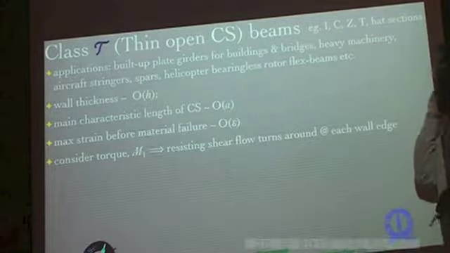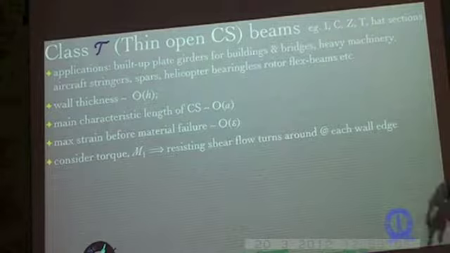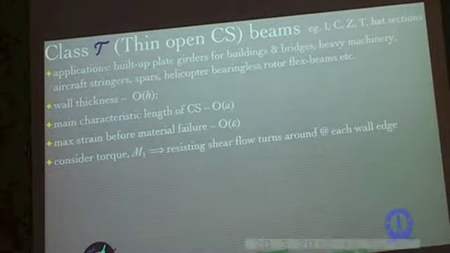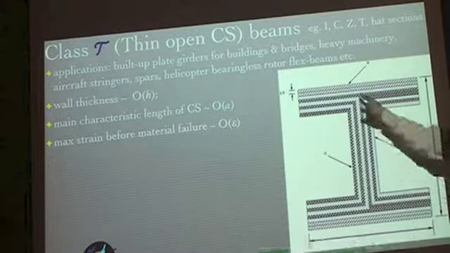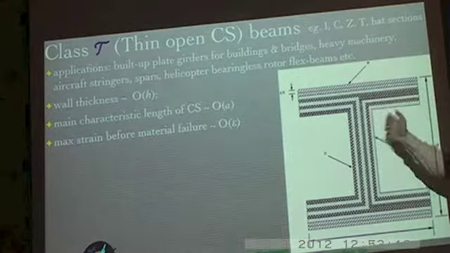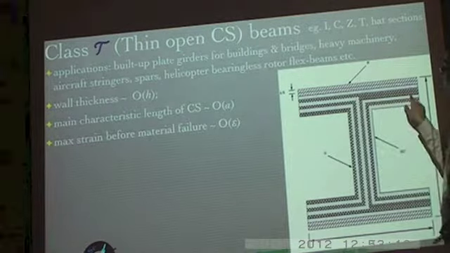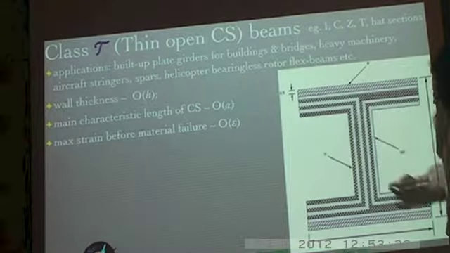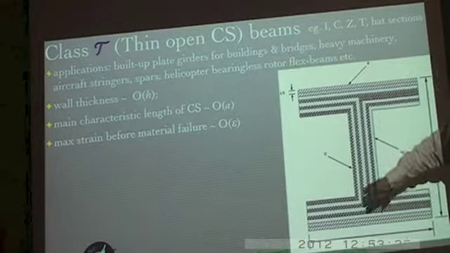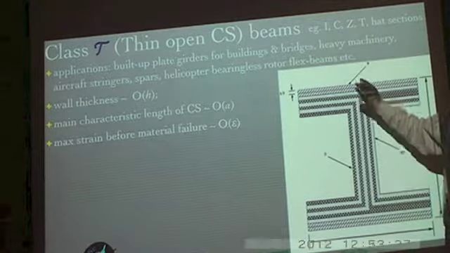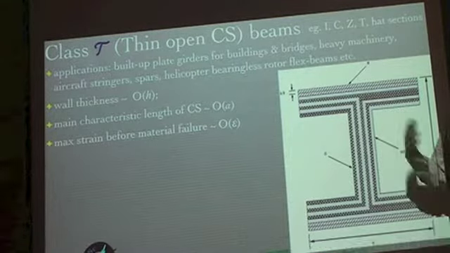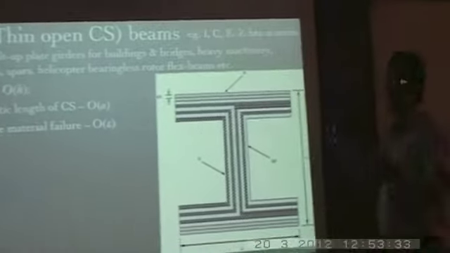So if you consider a torque M1 in a thin-walled open cross-section beam, the resisting shear flow turns around at each wall edge. For example, in the I section that we had over there, if I am applying a torque like this, it has to be resisted by a shear flow, so there will be a shear flow something like this in each one of these. Overall, the contributions T1, T2 and T3 should sum up to the total torque that I am applying in a numerical sense. So that's basically what is happening.